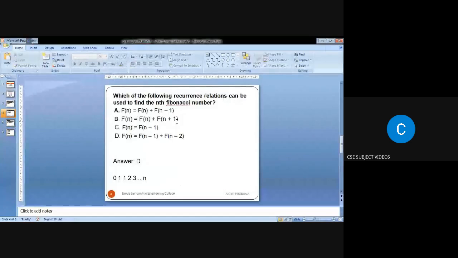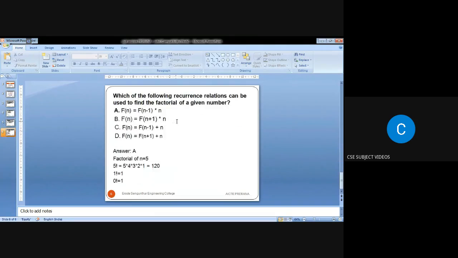I'll repeat once again. The recurrence equation for the Fibonacci of a given number n is f of n equal to f of n minus 1 plus f of n minus 2. Similarly, for the factorial of a given number, the option is A, that is f of n equal to f of n minus 1 plus n into n.